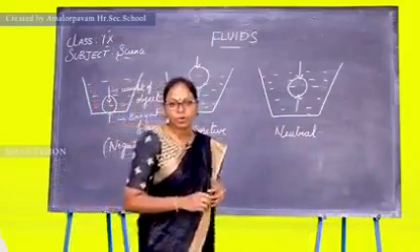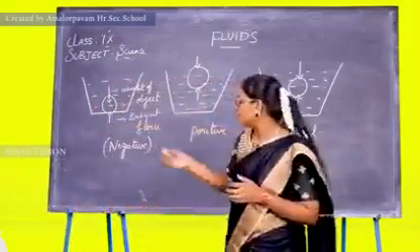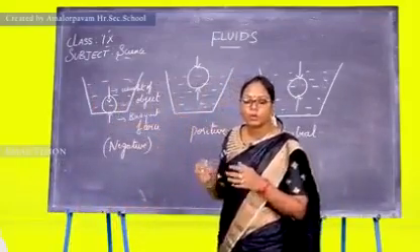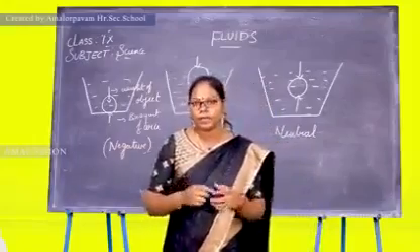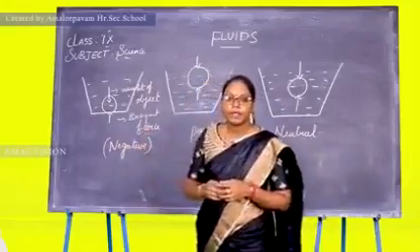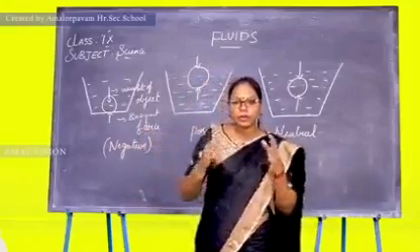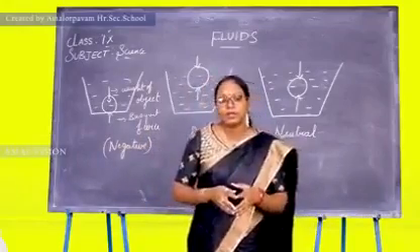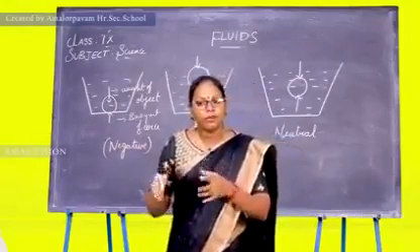If the weight of the object is greater, as in the first case, the object will sink. That is called negative buoyancy. In the second case, the object is less dense, so the object will float.